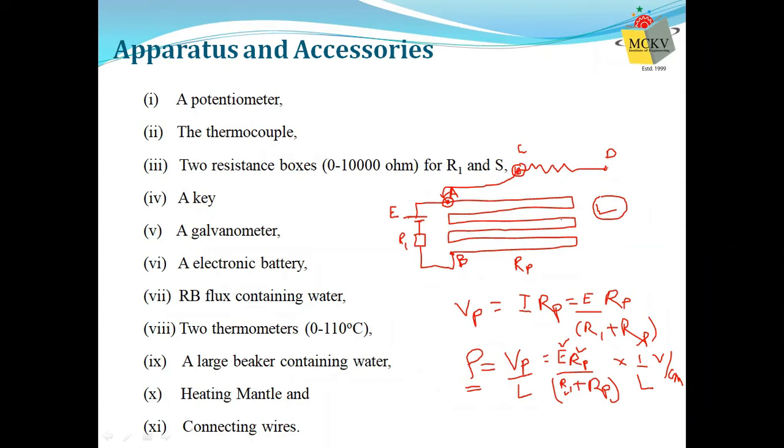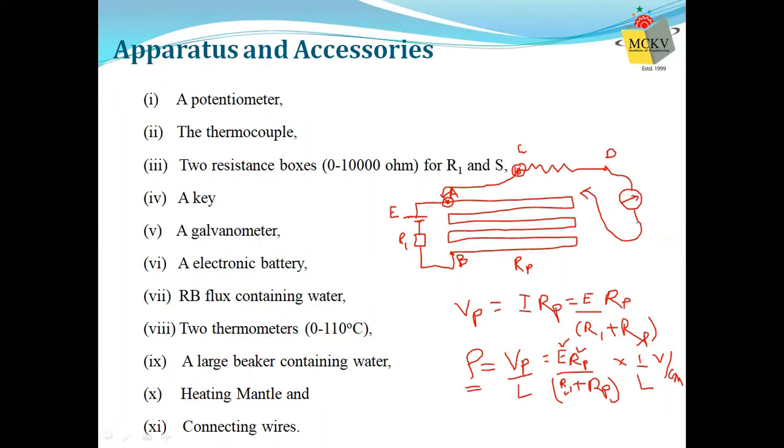And with D, I connect a galvanometer. A galvanometer is a device which measures the current as well as the direction. I connect a galvanometer and there is a jockey which can slide over the potentiometer wire.